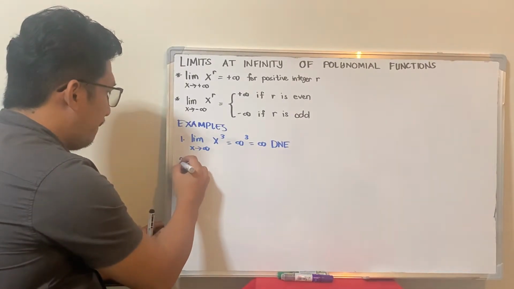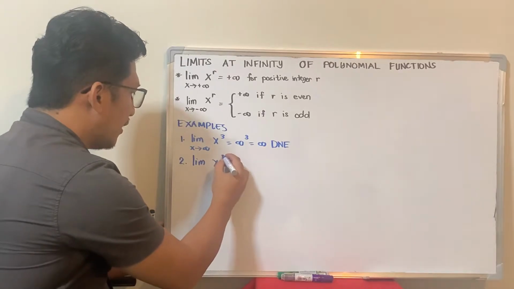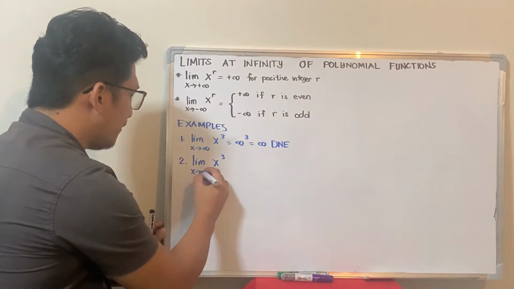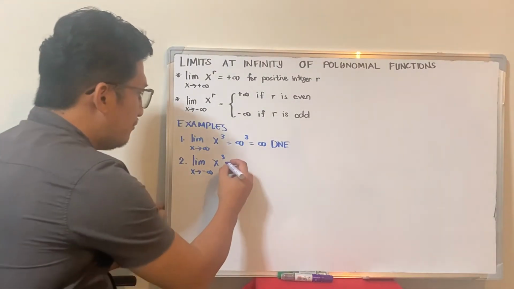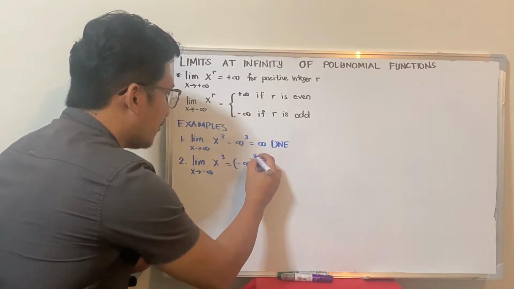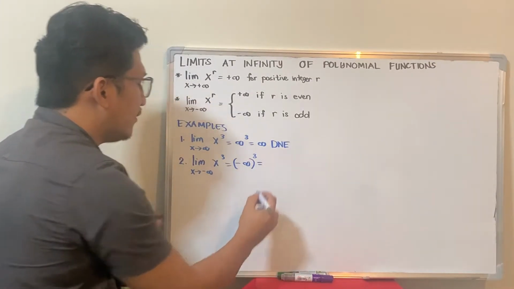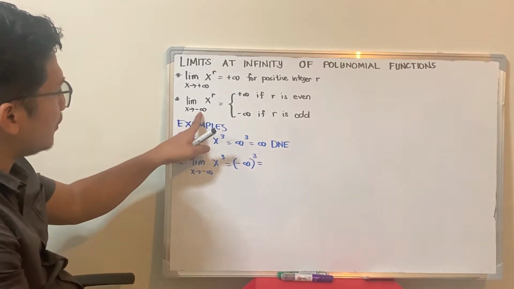Number 2, if it is negative, like for example, the limit of x cubed as x approaches negative infinity, then it is a bit more tricky because you have negative infinity this time raised to the power of 3. In this case, it is negative, so you have to refer to this one.